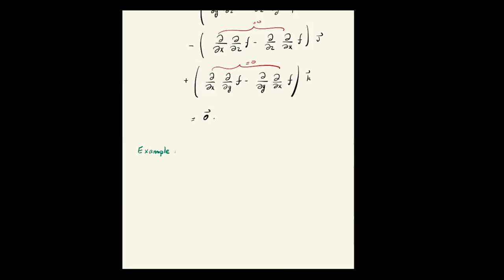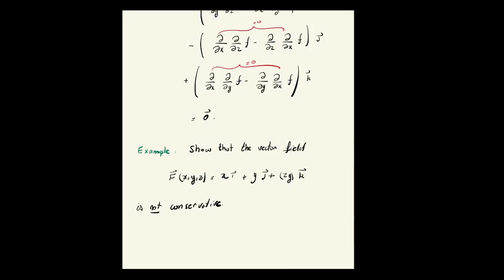For example, show that the vector field F given by xy i plus y j plus zy k is not conservative.